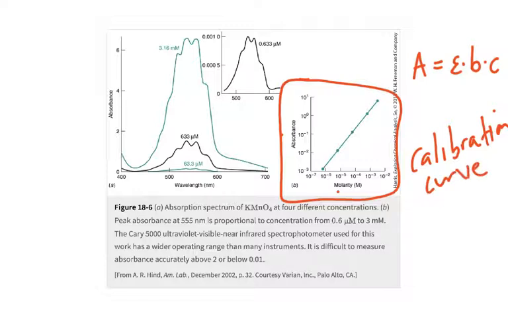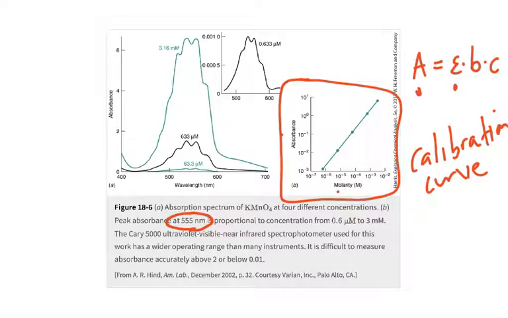So for any other sample, like say an unknown concentration, we can do spectrophotometry of it, take a spectrum, look at the peak absorbance at 555 nanometers, and get the absorbance value.